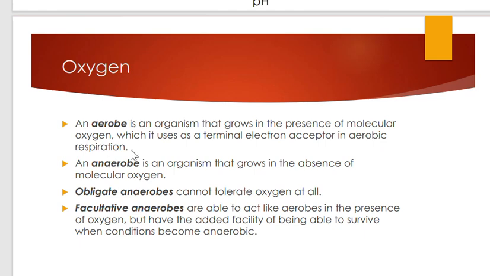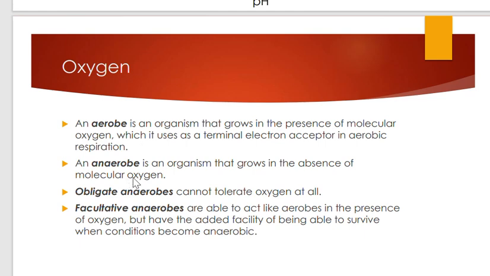Without oxygen, the electron transport chain will not occur because again, oxygen is the last electron acceptor. So those microorganisms that require oxygen, we call aerobic. Aerobic microorganisms require oxygen.